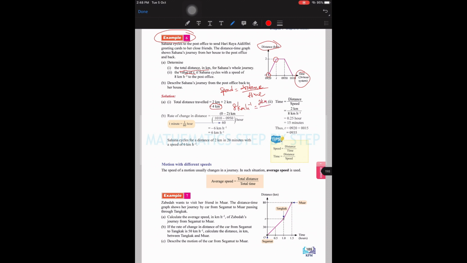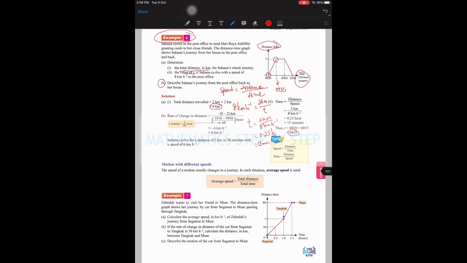Time taken we don't know, we let it be t. So we get t equals 2 km divided by 8 km per hour, which is 0.25 hour, which is 15 minutes. So we know here t is equal to 0935, okay, in the 24-hour system. So we have found the answer.